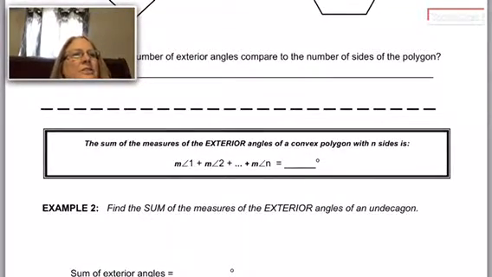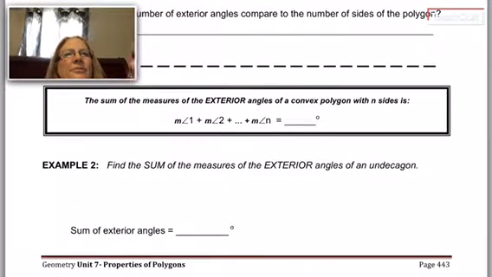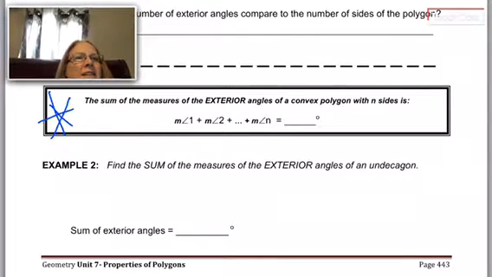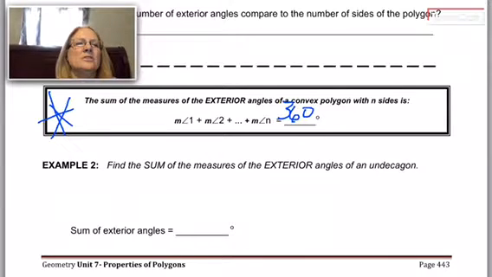Now, this is a real important rule. The sum of the measures of the exterior angles of a convex polygon with n sides is, you add up all of the exterior angles, and the sum will always be 360 degrees. So look at an example.